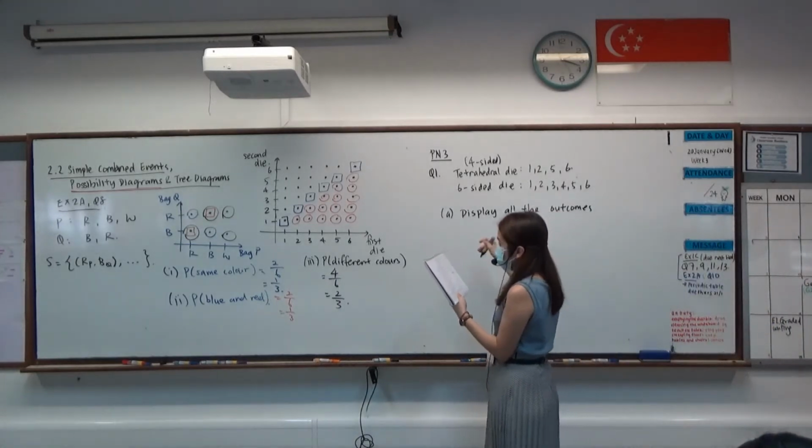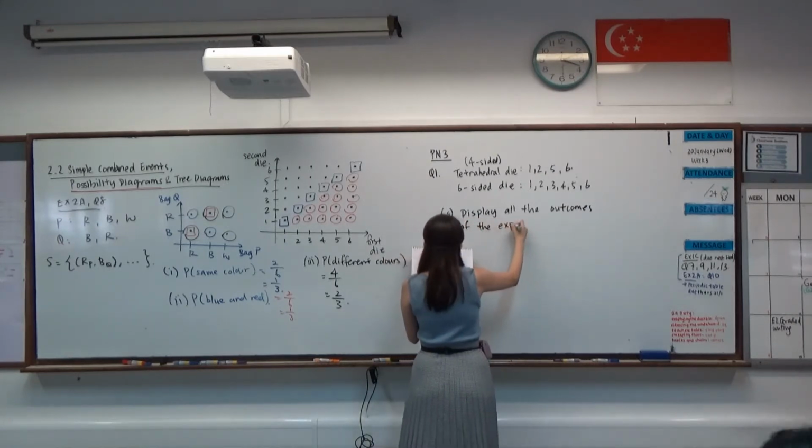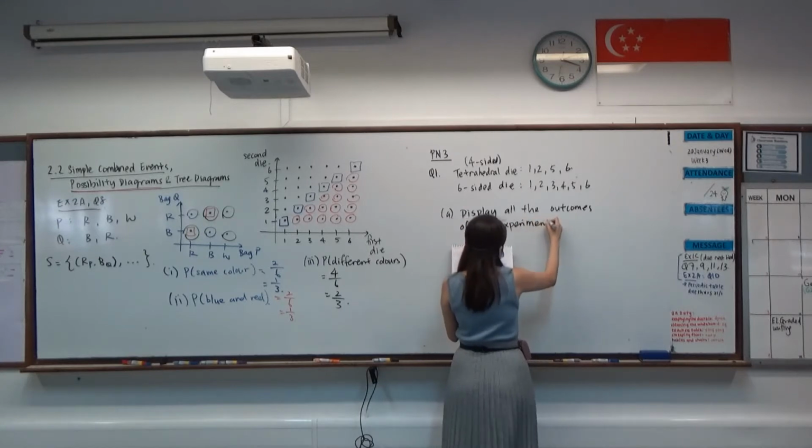Okay, so display all the possible outcomes of the experiment using a possibility diagram.